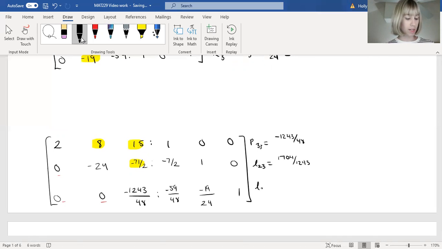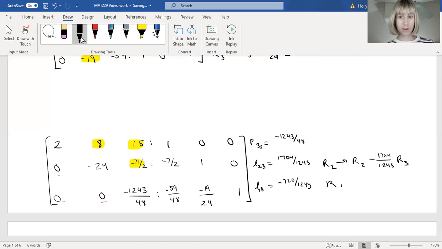And we are also eliminating position 1,3, which is negative 720 over 1243. So these row operations will be R2 minus 11240 over 11243 times R3.